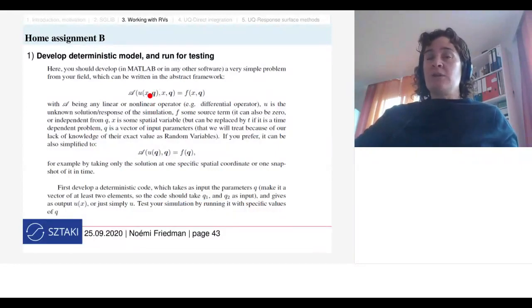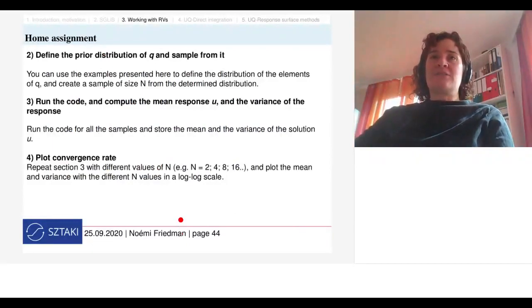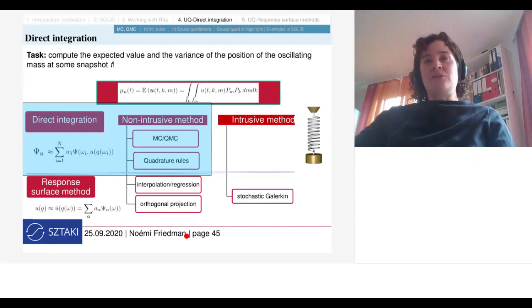So let's say there are 2 inputs that are uncertain, and you assign to these uncertain random variables some distribution, and try to check the variance of U and the mean value of U, and try to estimate them with Monte Carlo and quasi-Monte Carlo methods. You will find some examples here that will help you, that you will see later on. So this is your task to do if you would like to practice. I think all these theories are very difficult, but once you try to actually do it, you see it's not so complicated. So this is what I would advise you to do.